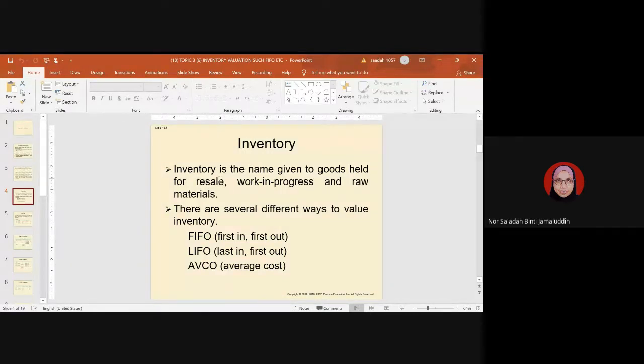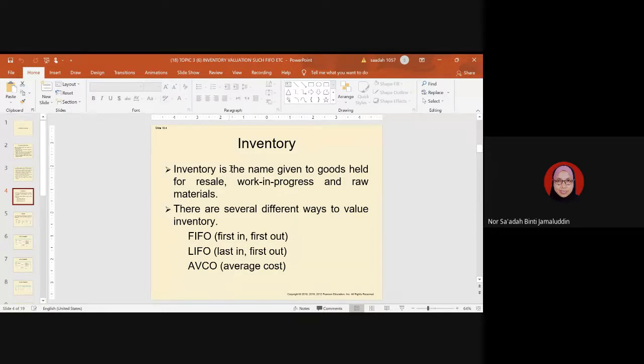So let's say we do the business in a bookstore. Let's say we open the bookstore, so kita punya buku-buku tu dia adalah inventory kita, our main focus of our business.